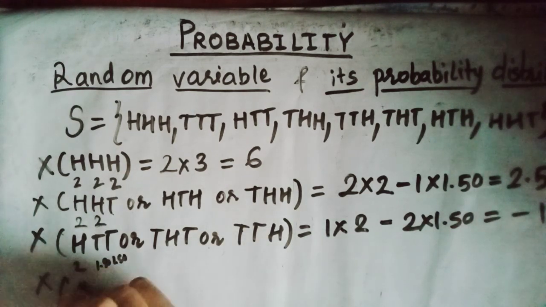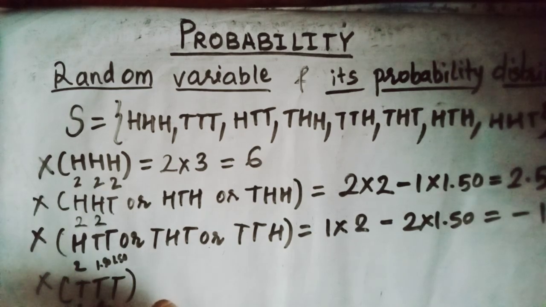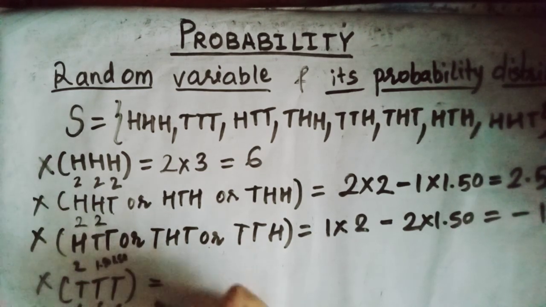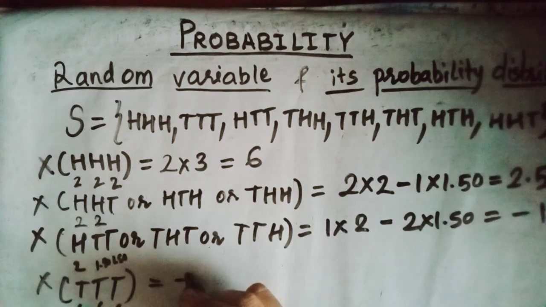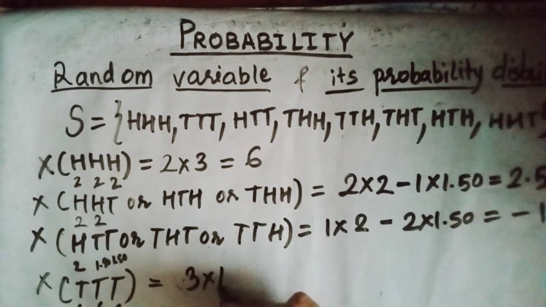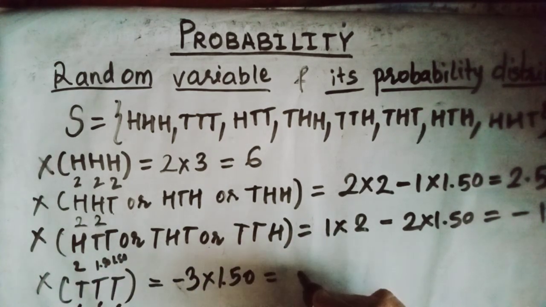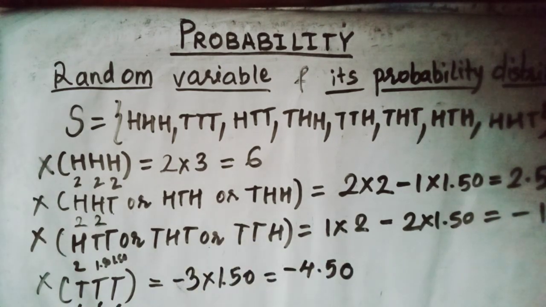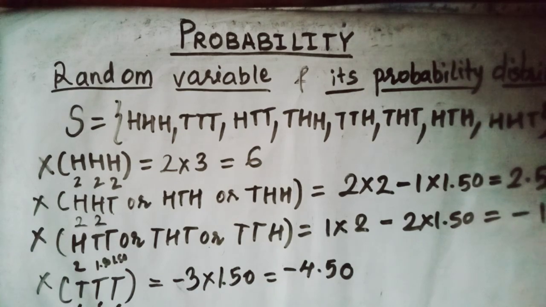Then for all tails, it is 1.5, 1.5, 1.5, so he has a loss of 3 into 1.50, so minus 4.50.